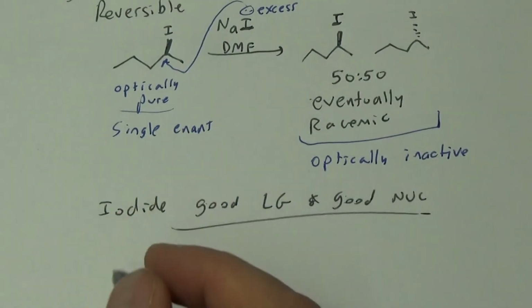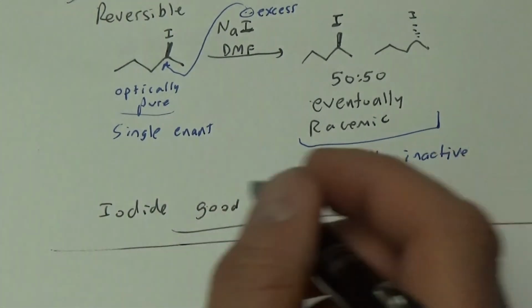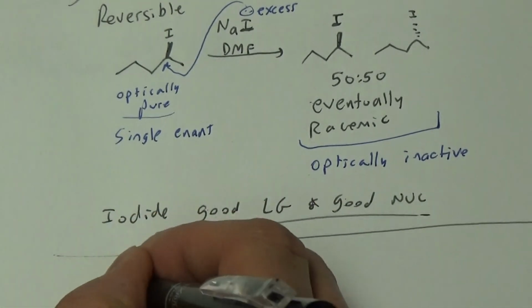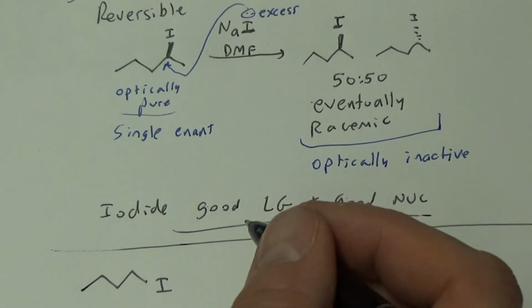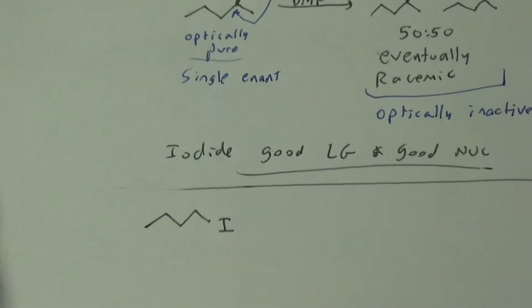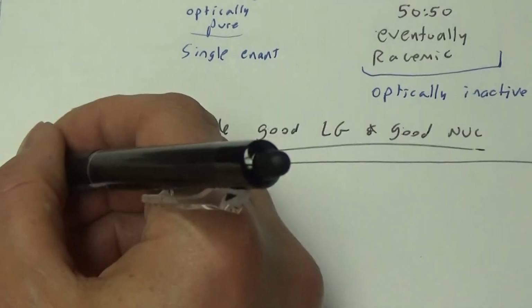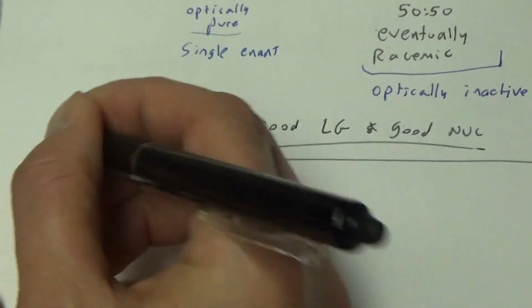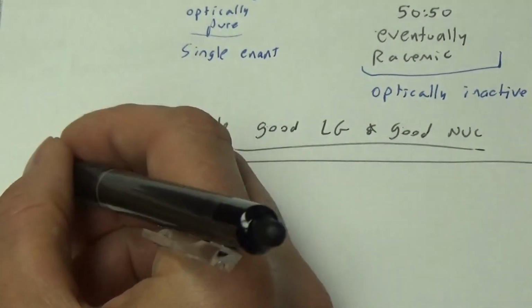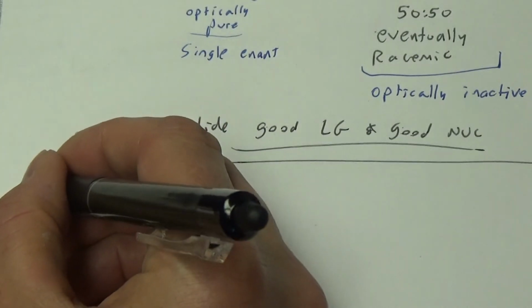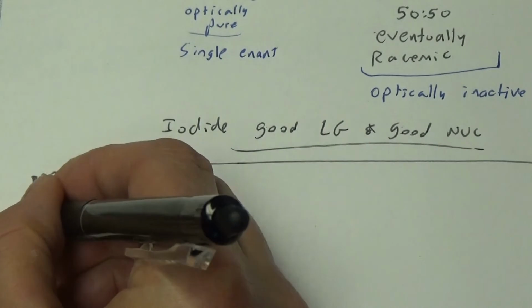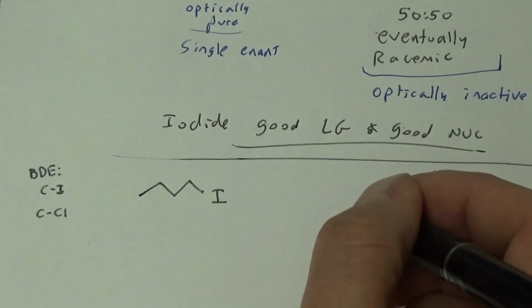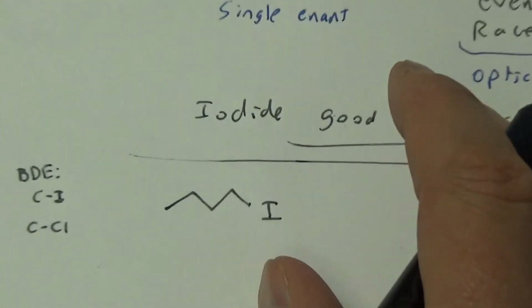Let's mention something else now. If I have 1-iodobutane, I don't know if you remember the bond dissociation energies, probably not, of a carbon-iodide bond versus a carbon-chloride bond.